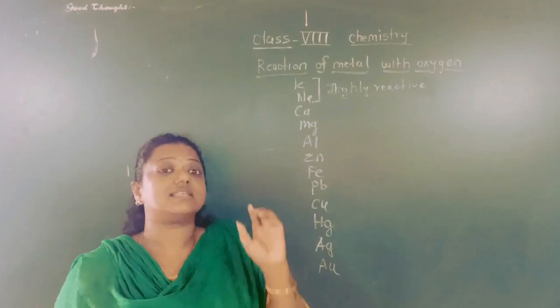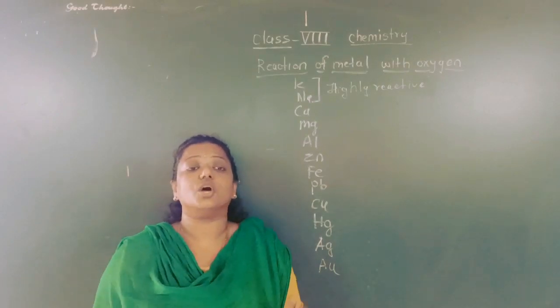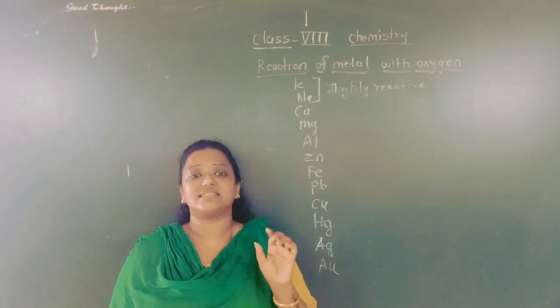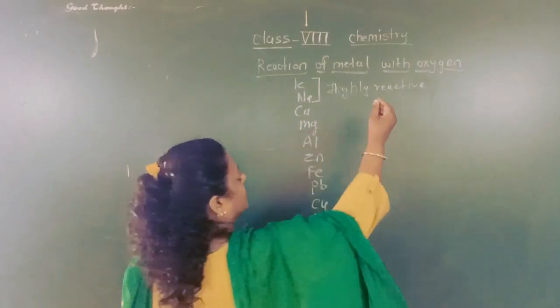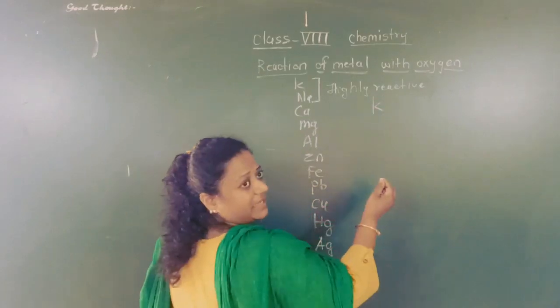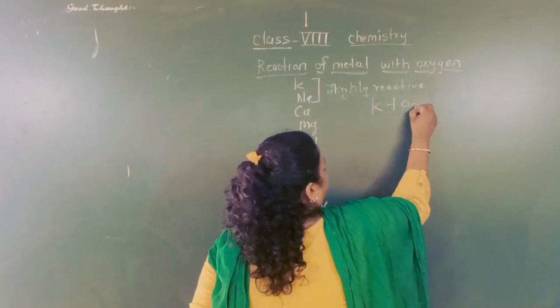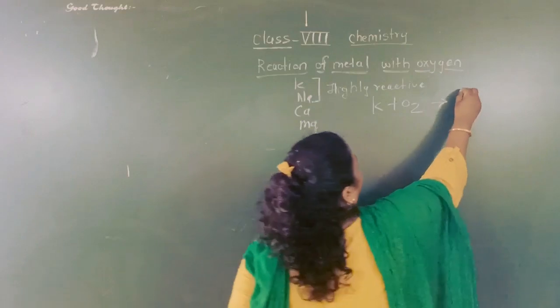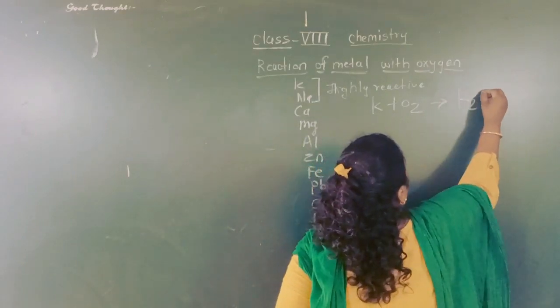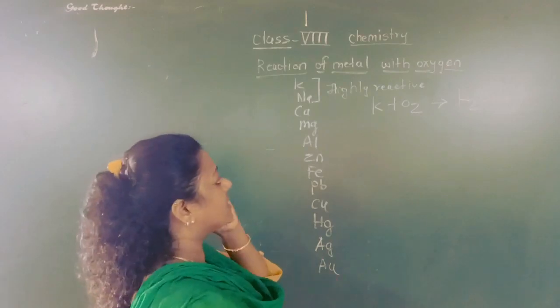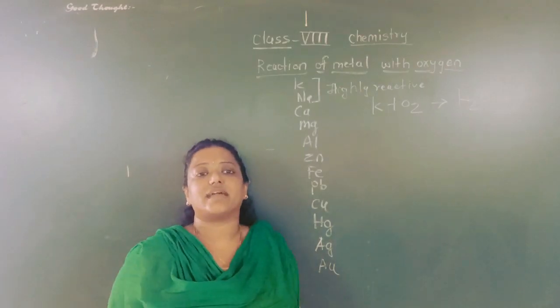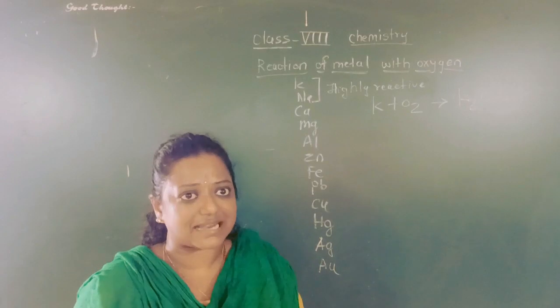One more time, the symbolic representation of a chemical reaction is called a chemical equation. That I shall write now. Suppose potassium is denoted by K, oxygen is denoted by O2, and it forms K2O, potassium oxide.